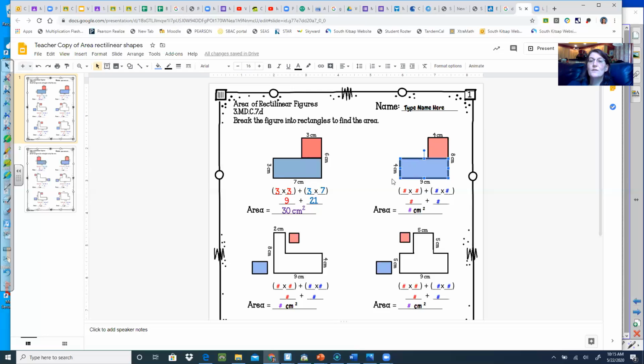This chunk here is 4. So 8 take away 4 will get us this chunk, and it just happens to be 4. So our red square is a 4 by 4. Now 4 times 4 will get us this one, and that is 16.